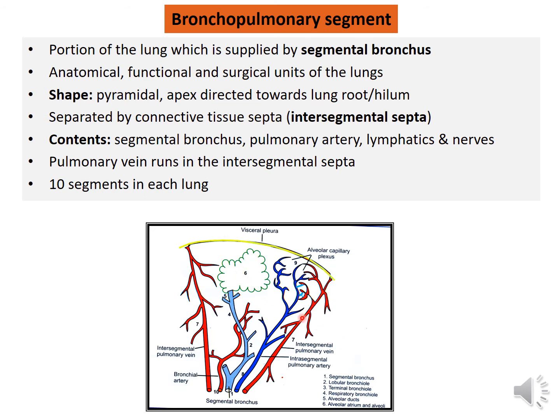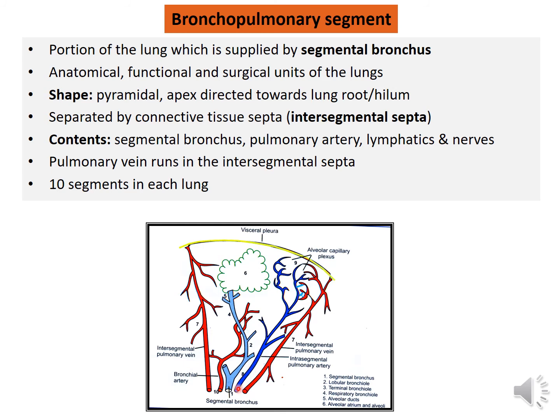The two adjacent segments are separated by connective tissue septa. This connective tissue septa is called intersegmental septa. Within each segment, obviously you can see a segmental bronchus. Close to the segmental bronchus, you see the bronchial artery, which provides nutrition to the bronchial tree.